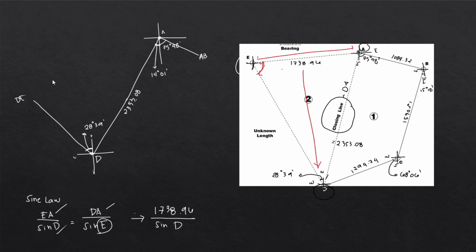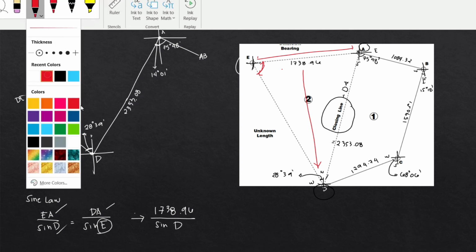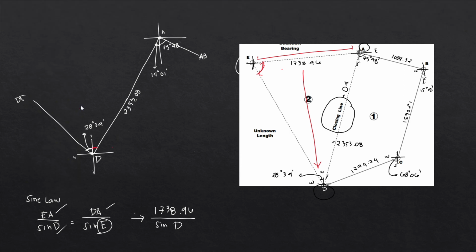Okay. So, sine D, para makuha tong D na yan, ayan, etong angle na to is equal sa 14°1'. Ito. Di ba sa geometry nyo, ang angles na equal yung ganitong angles.